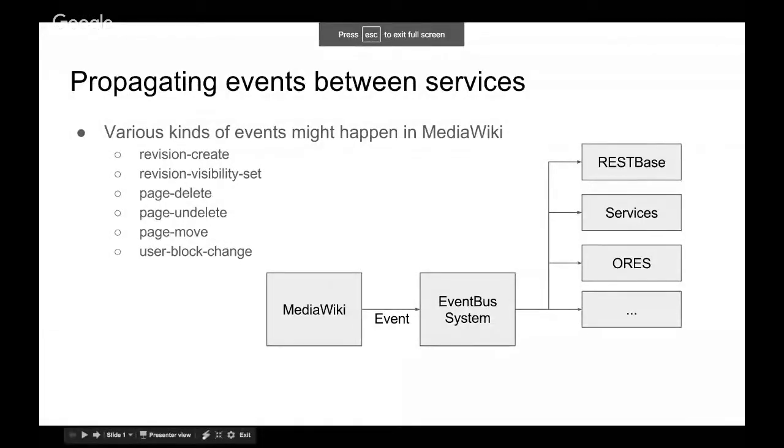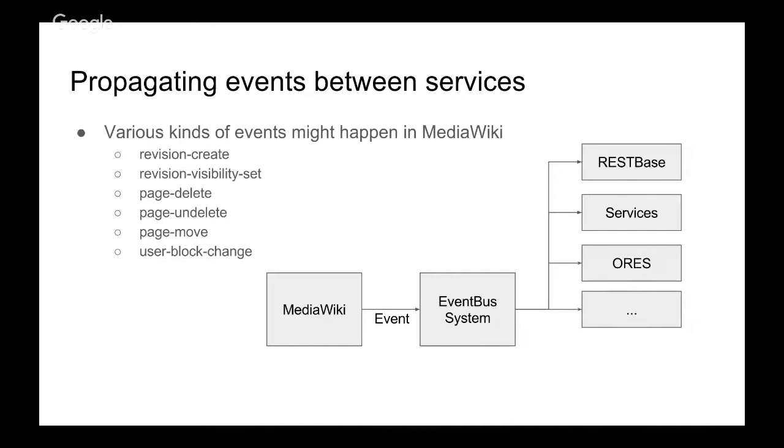Yeah, so the services team and the analytics team were building this system to propagate changes between services. Because as we build more services, we need a reliable way to update restrictions, to re-render content, to propagate all kinds of events.